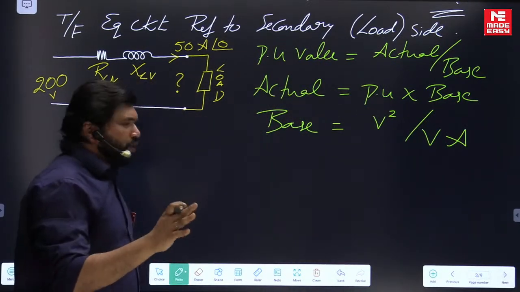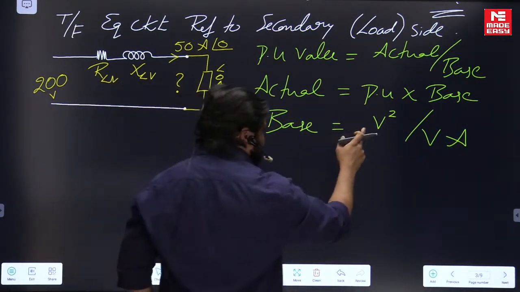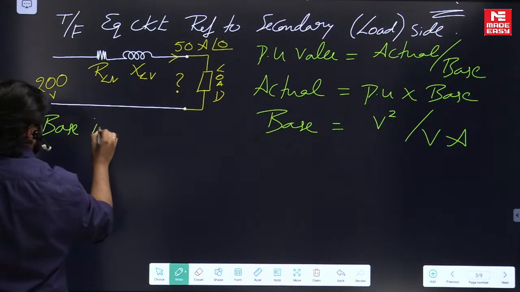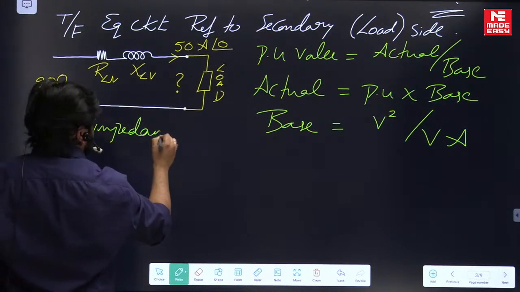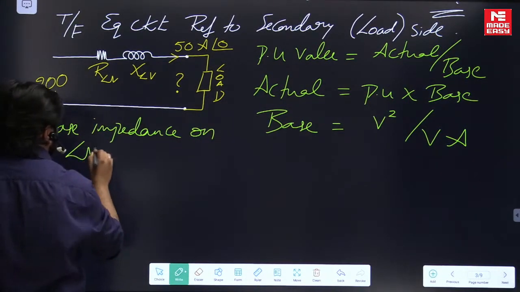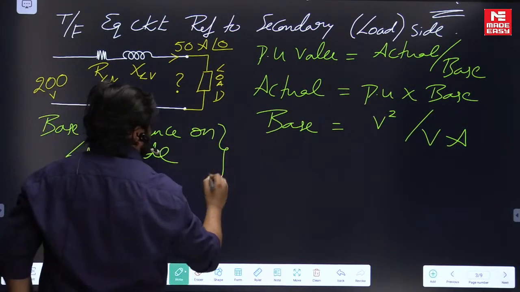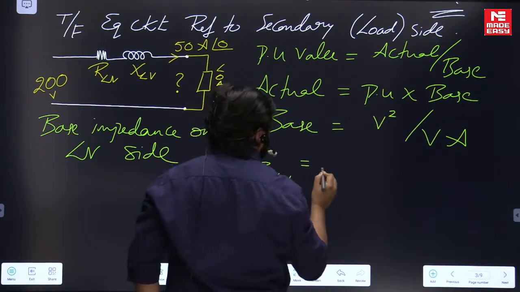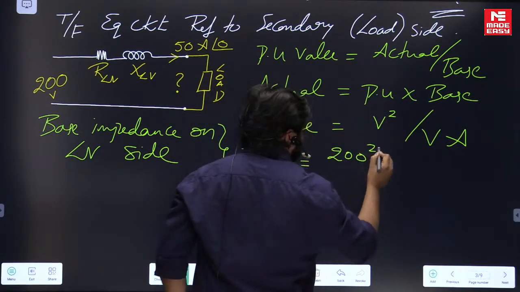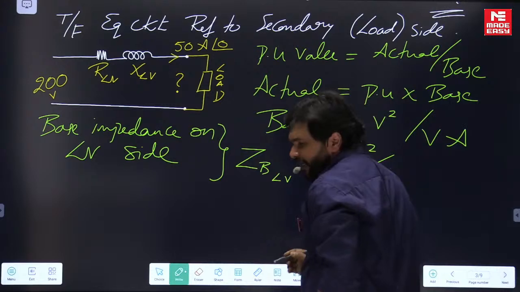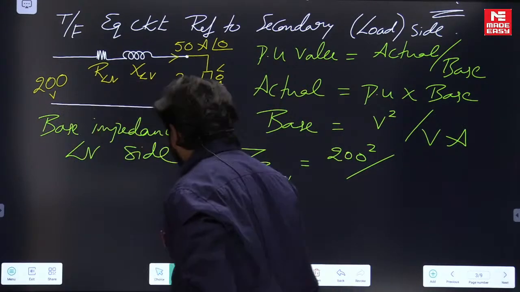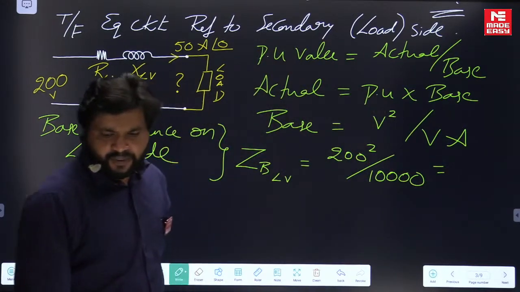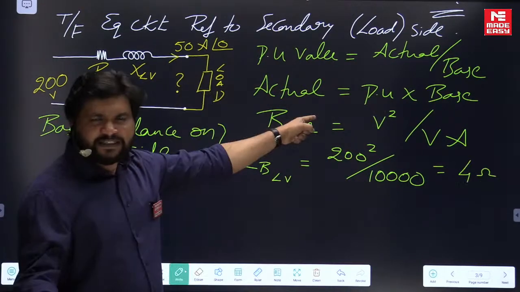And if you belong to a particular side, then that voltage you have to put. For example, base impedance on the LV side, that is Z base LV, is equal to 200 square, because the LV side is 200, by the transformer rating given here, 10 kVA, that is 10,000. The value is 4.